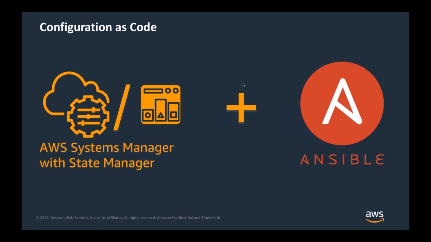With State Manager, we can ensure that our instances managed by Systems Manager are kept in a certain state. And thanks to Ansible's flexible code and configuration management syntax, this makes it very easy for us.